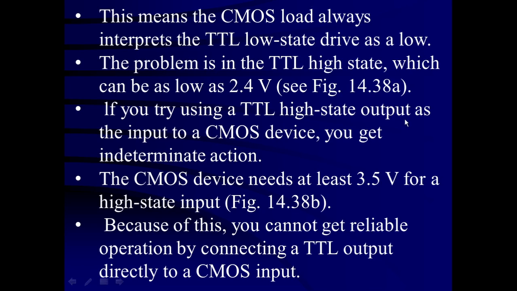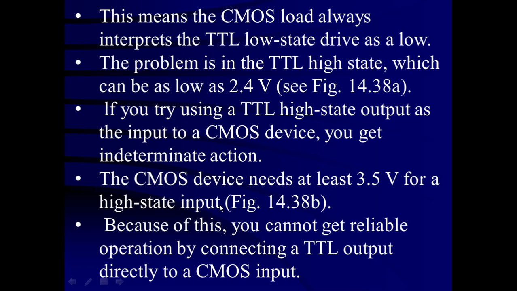See figure 14.38a, the TTL output profile in a high window. If you try using a TTL high state output as the input to the CMOS device, you get indeterminate action. The CMOS device needs at least 3.5 volt for a high state input.